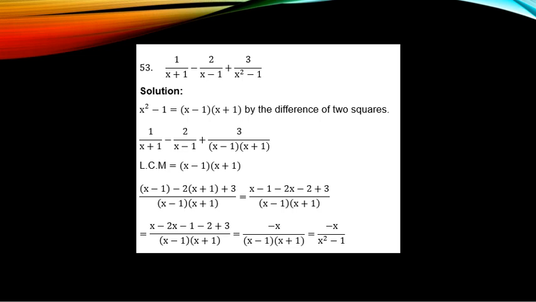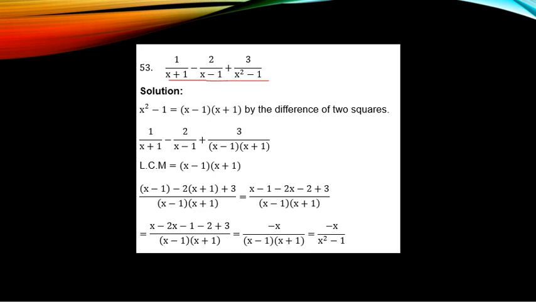Example 53. We also have a balanced fraction: 1 over s plus 1 minus 2 over s minus 1 plus 3 over s squared minus 1.